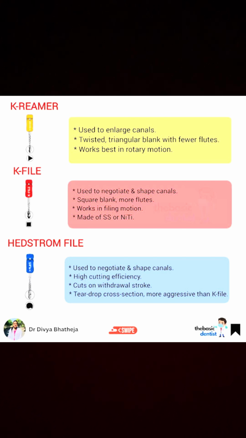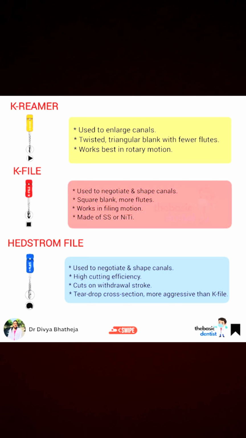Modification: K-flex file. Rhomboidal or diamond-shaped blanks have been twisted to produce a file called K-flex. This design increased the flexibility and cutting efficiency of the instrument. Next one is Flex-R file, a stainless steel file.